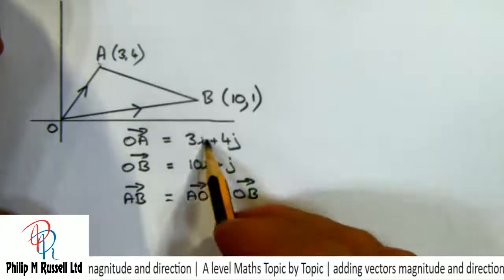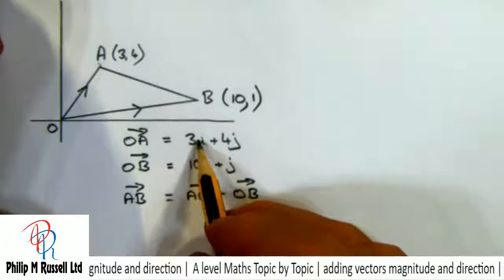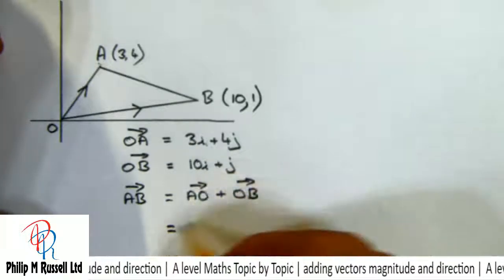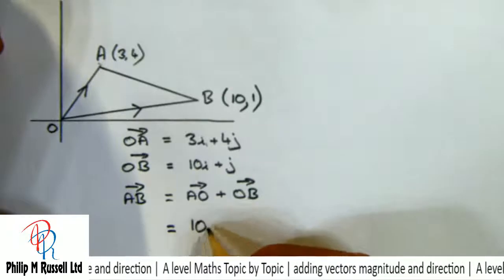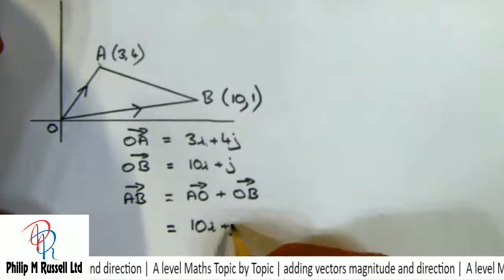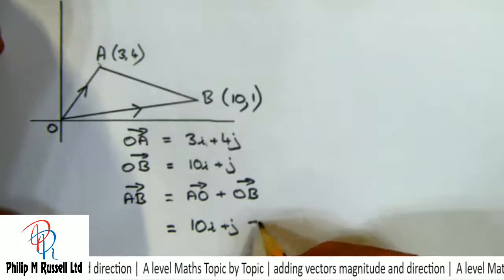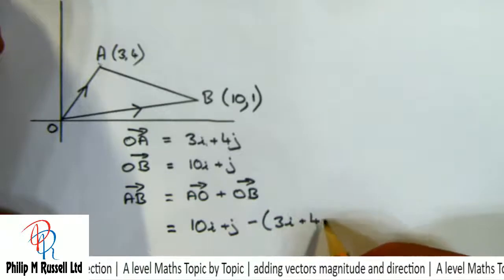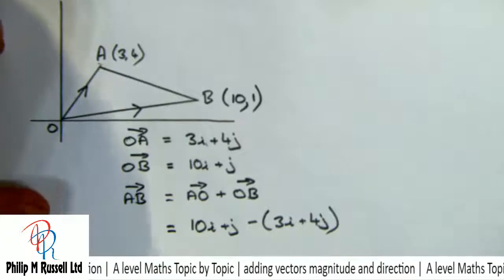So rather than write them as negative, I'm just going to write these as positive. So I'm going to do OB first, which is going to be 10i plus j, and what I want to do then is take away 3i plus 4j.